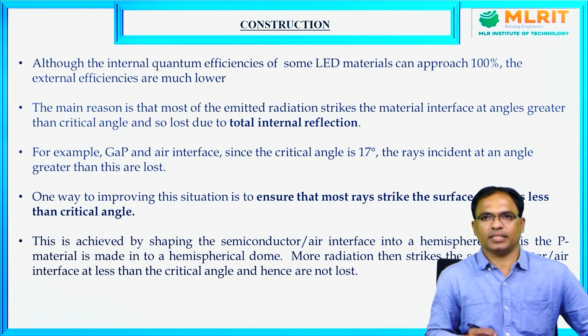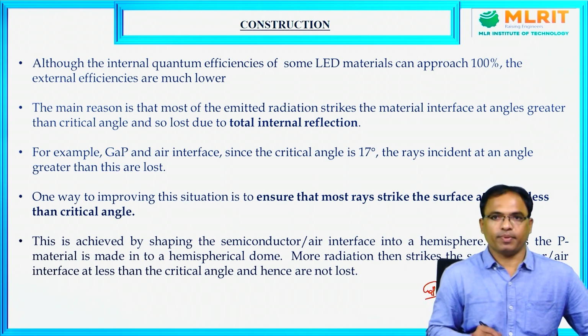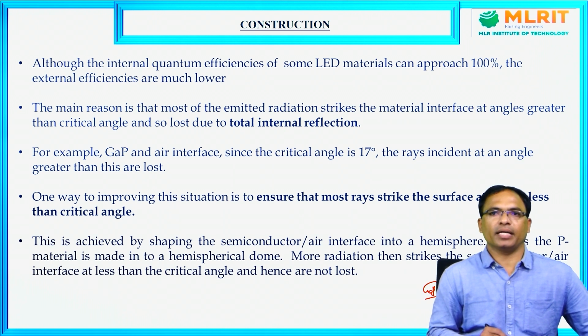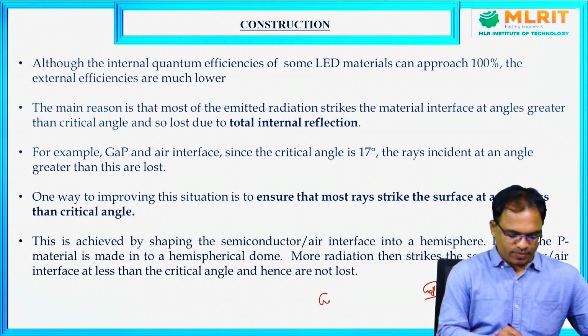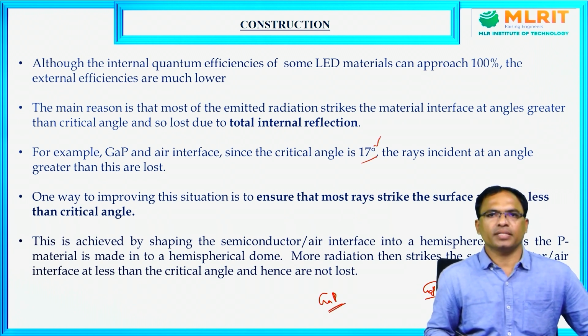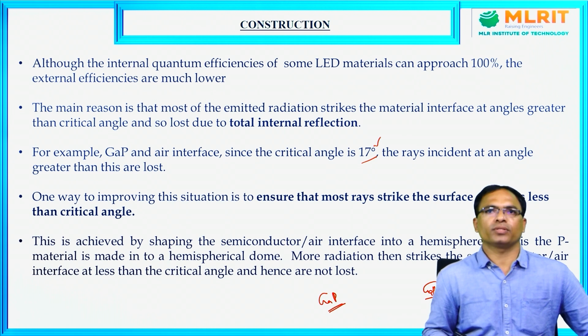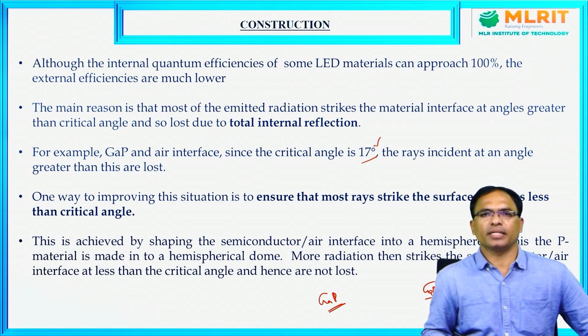Particularly in this case, we are using the direct band gap semiconductor gallium phosphide, for which the critical angle is 17 degrees. This means the light produced in the p-n junction should be incident on the glass air interface below 17 degrees. Then only it will come out. If the angle is more than 17 degrees, the light will be lost due to reflection.